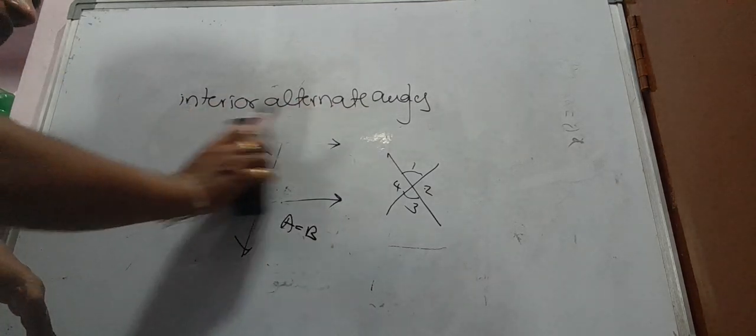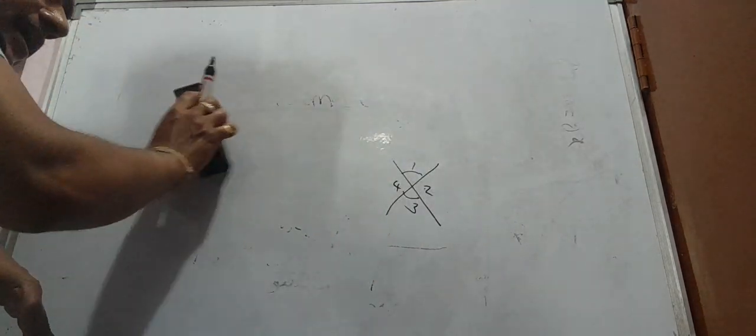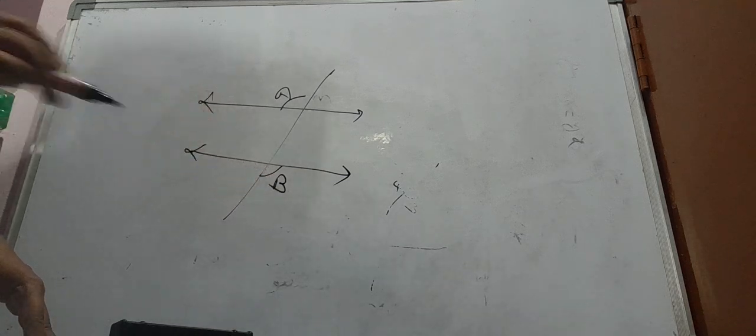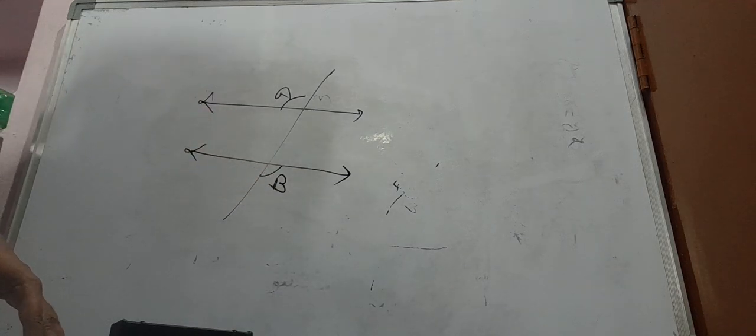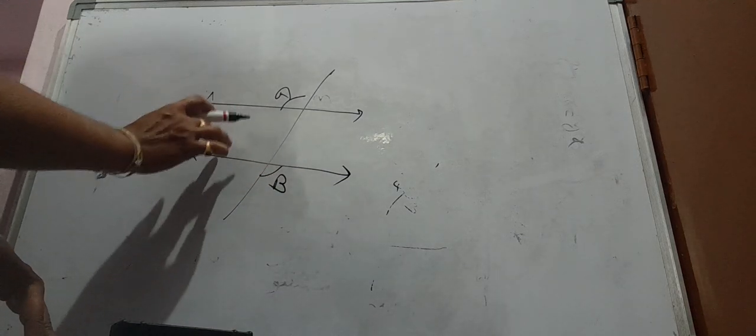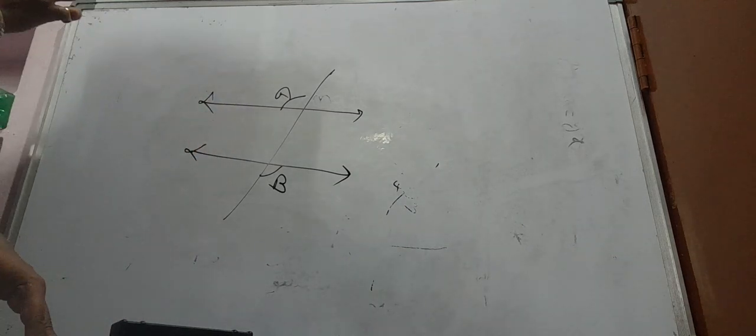Children, after this, even exterior alternate angles. See here, this is A and this is B. This A and this B are also equal if these two lines are parallel. How can we say that they are equal?